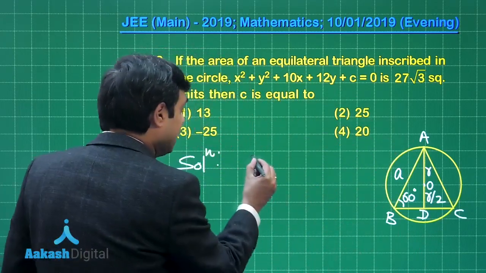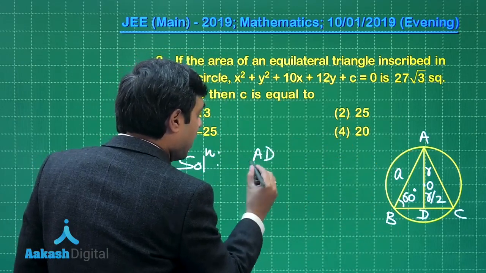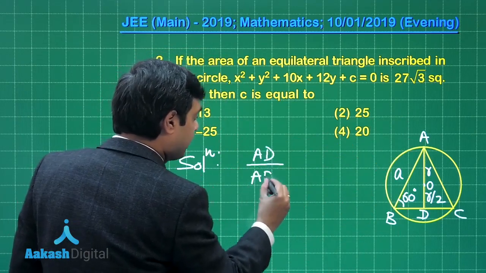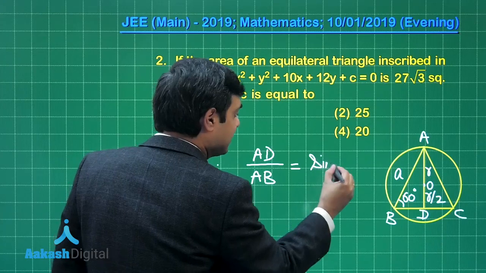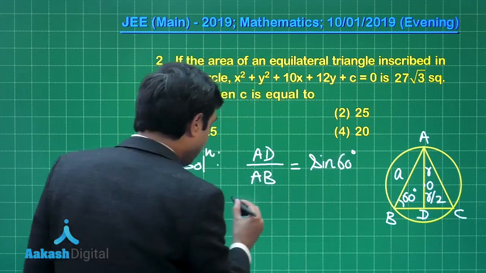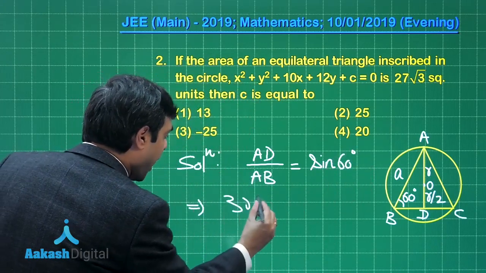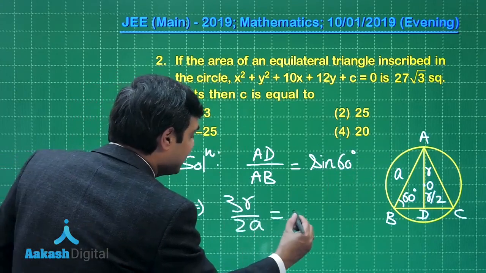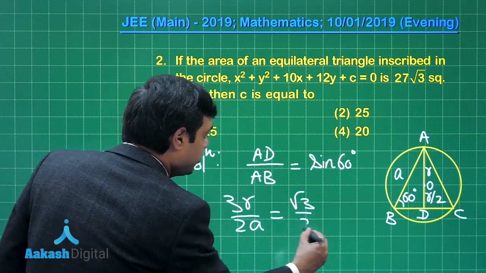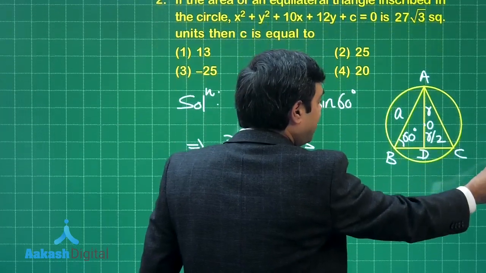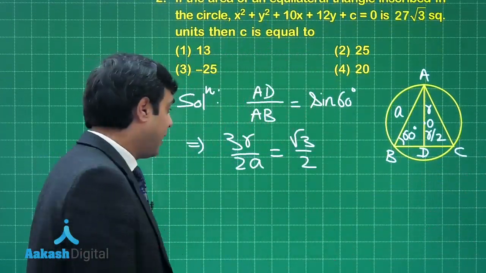Now applying AD upon AB is equal to sine 60 degree. From here you have 3R by 2A is equal to root 3 by 2. So we get a relation in A and R, and what is that?